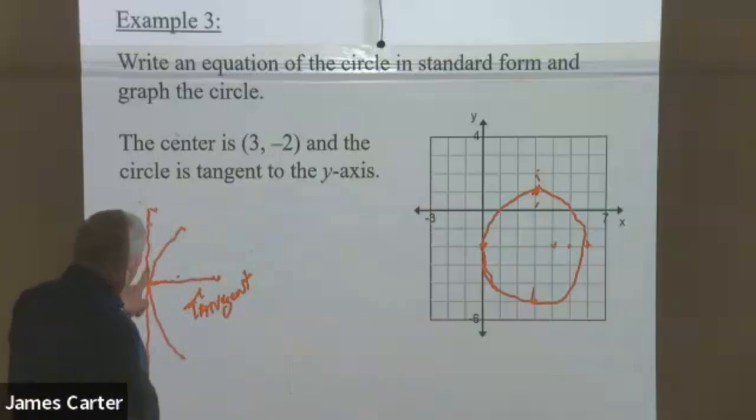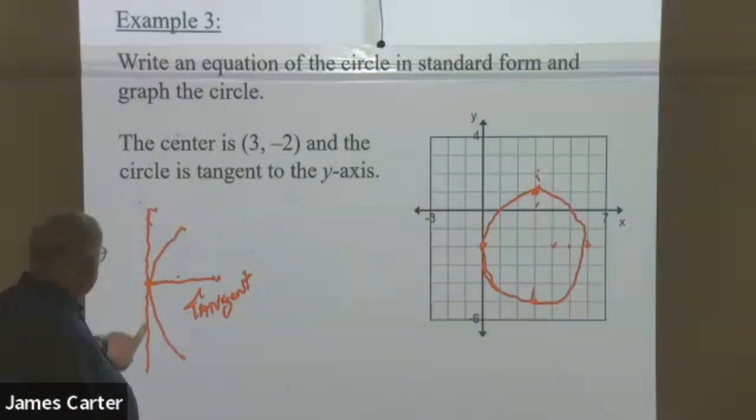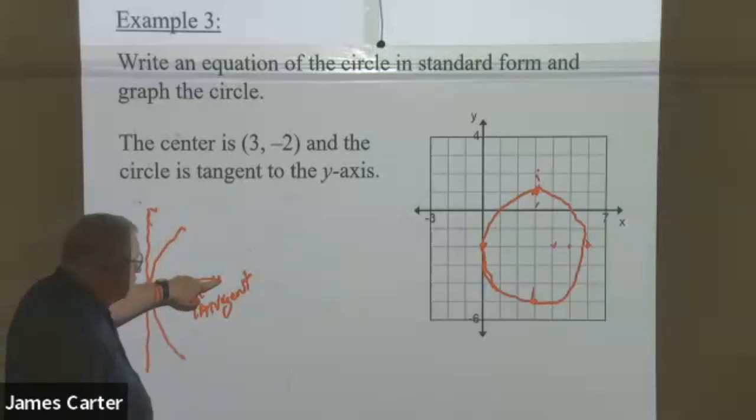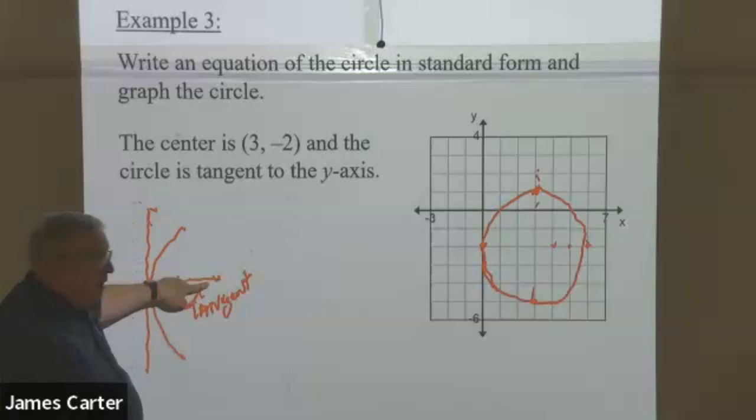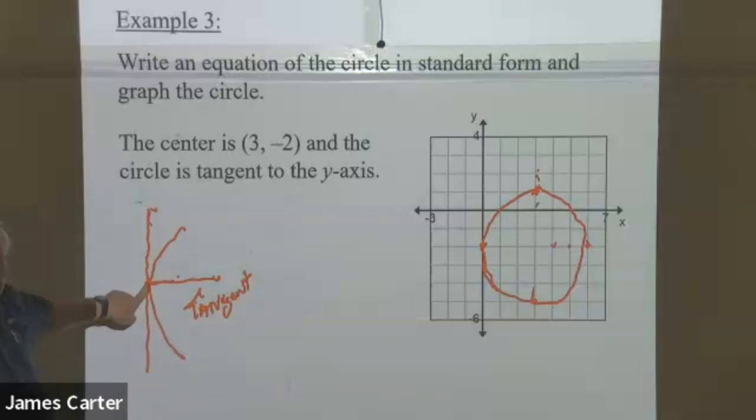That means I've got this line of the y-axis here, and this circle with its radius to the center is at a right angle to the y-axis. That also implies, but does not say, that the circle touches the y-axis as one of its points.